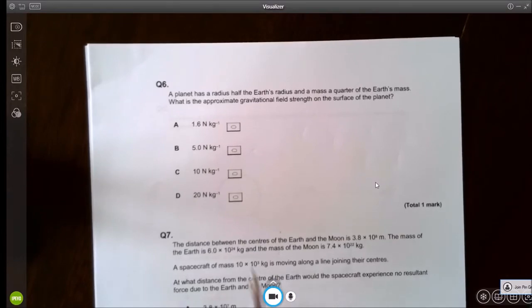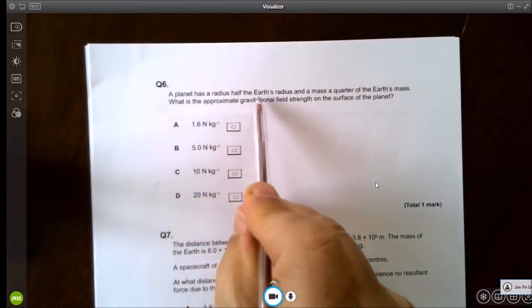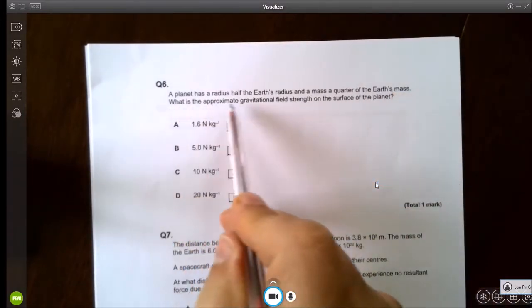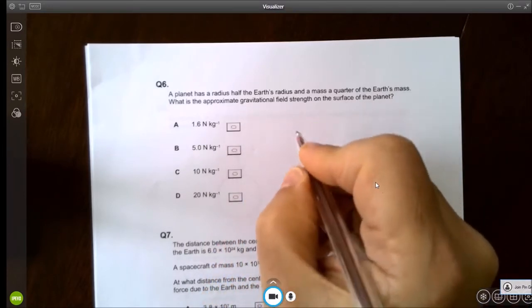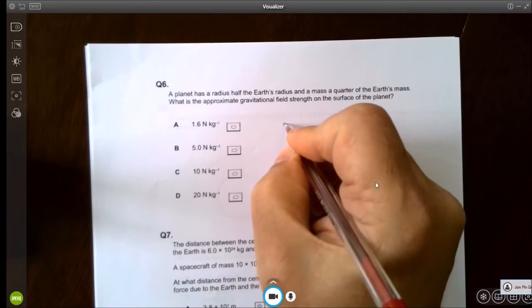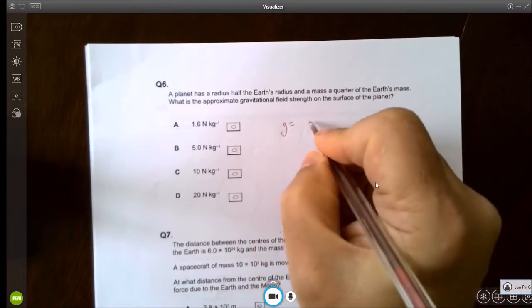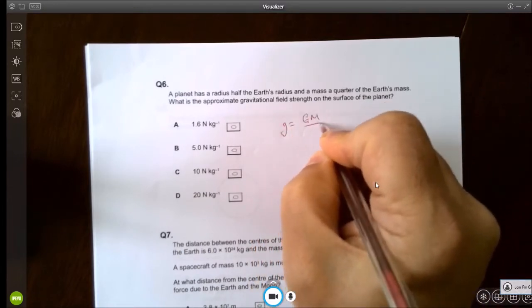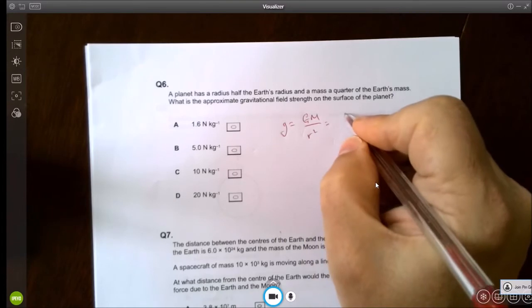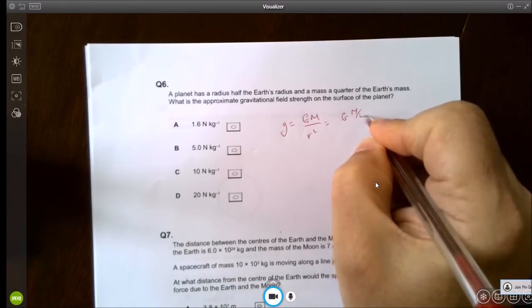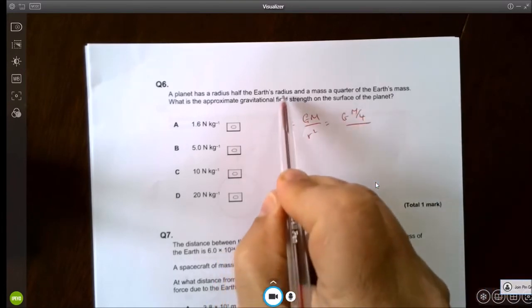Okay, question 6. A planet has a radius half of the Earth's radius and a mass a quarter of the Earth's mass. What's the approximate gravitational field? The gravitational field strength g is GM over r squared. The mass is a quarter, so this is G times a quarter of the mass.